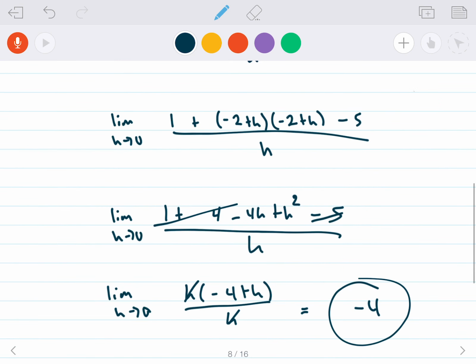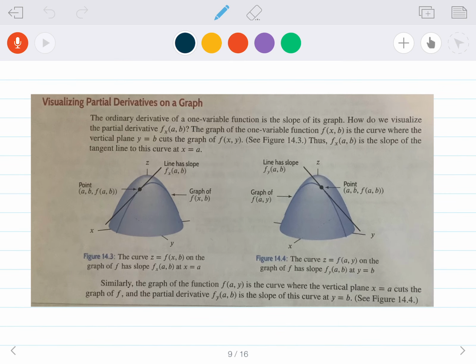Okay, so this is a little section from your book, just visualizing partial derivatives on the graph. This is kind of what we looked at with GeoGebra. This time they're looking at an upside down bowl. But essentially what you're doing is you're looking at the slope in different directions.